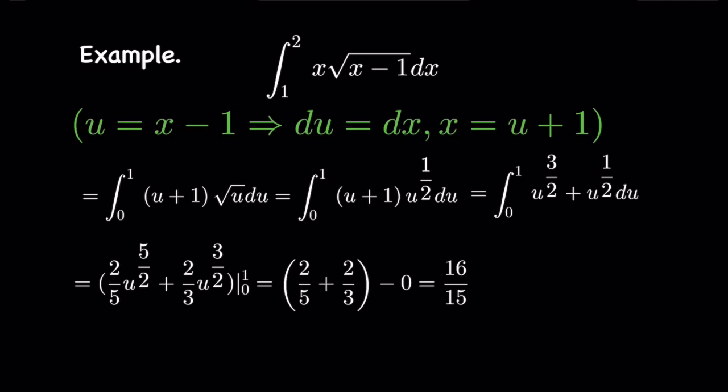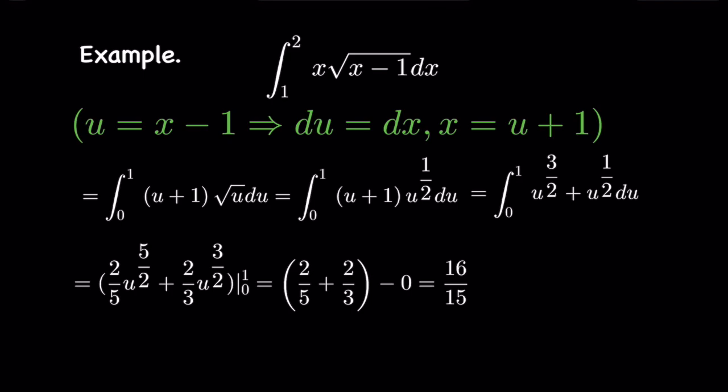And similarly, for u to the power 1/2, the integral is going to be u to the power 1/2 plus 1, which is u to the power 3/2. 1/2 plus 1 is 3/2. So the antiderivative of this function is going to be u to the power 3/2, and you need to divide by 3/2 or simply multiply it by 2/3. And this is the antiderivative.